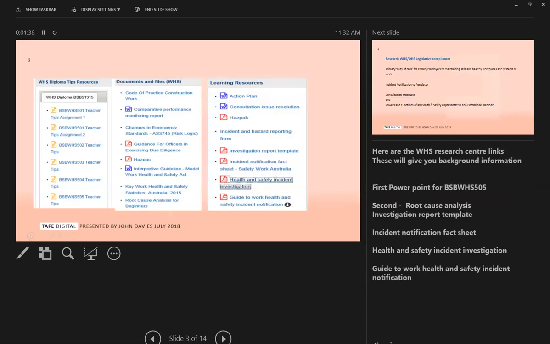Here's a familiar slide from last week. We need to focus on looking at the PowerPoint for WHS 505, the link to root cause analysis for beginners, incident report template, incident notification fact sheet from Safe Work Australia, the health and safety incident investigation guide, and work health and safety incident notification.